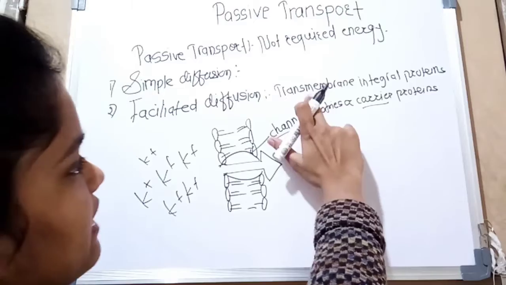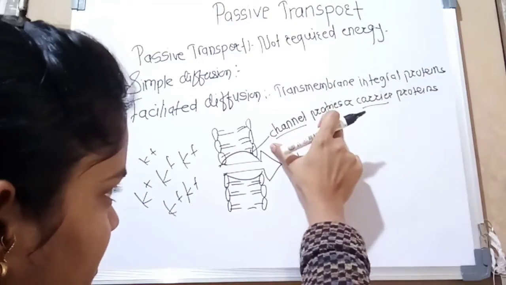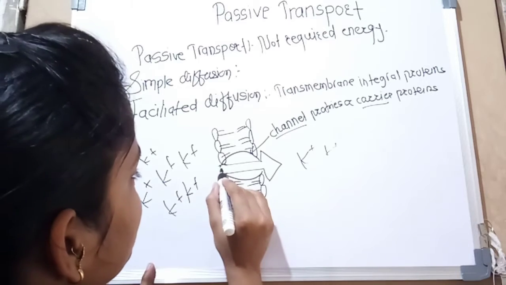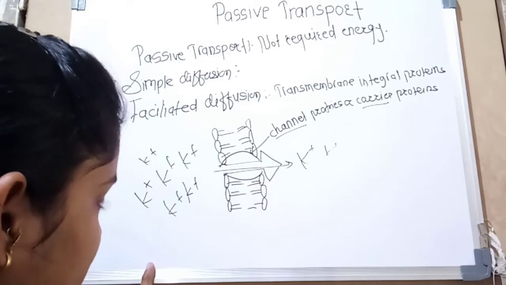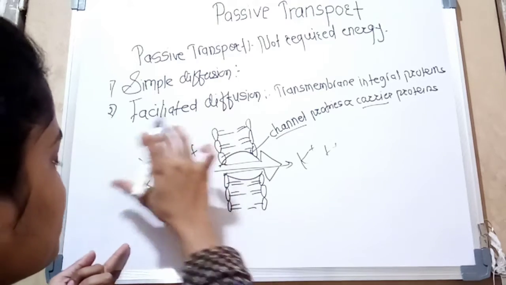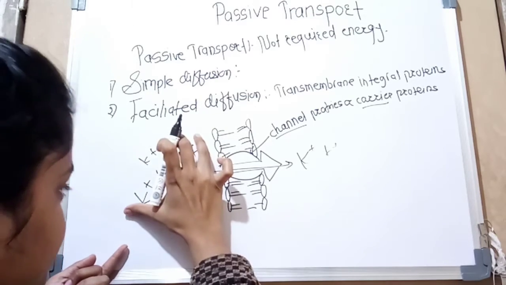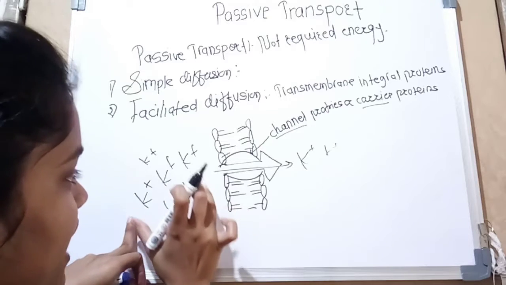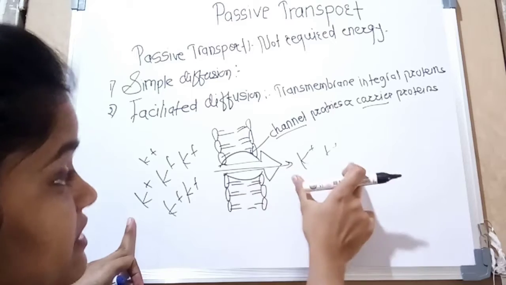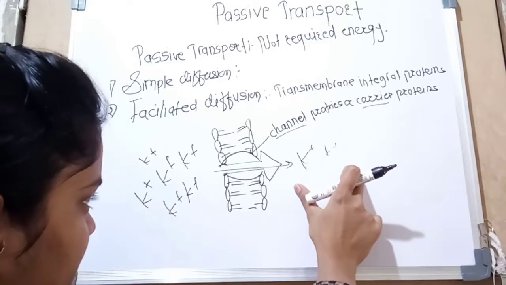That's why the transmembrane integral protein is called the channel protein or carrier protein. These proteins are responsible for the movement of ions, and this also takes place along the concentration gradient. That means molecules move from high concentration to low concentration, and for that movement no energy is required.